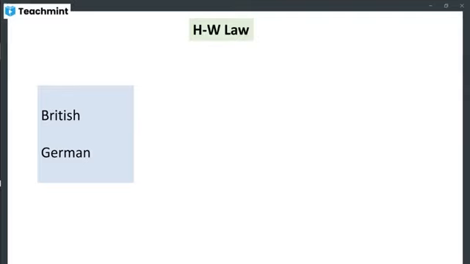So I think in the 2021 or 22 paper, they just asked about the scientist who gave this law, right? The name of the law itself indicates the names of the scientists. One is Hardy and the other was Weinberg, right? Hardy was a British mathematician. Please note that, I think this question was asked.